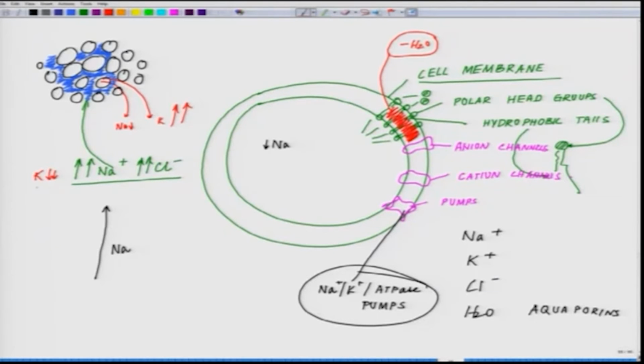Okay. So, this is extracellular. All our cells in the body are bathed.